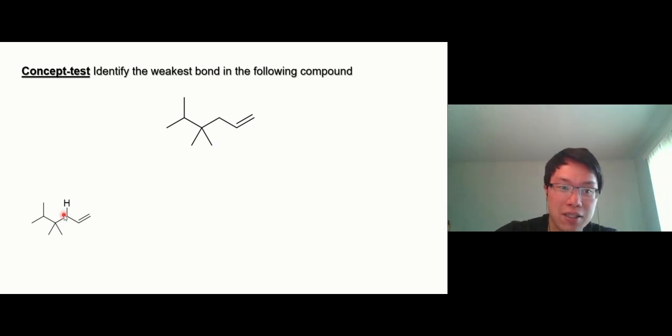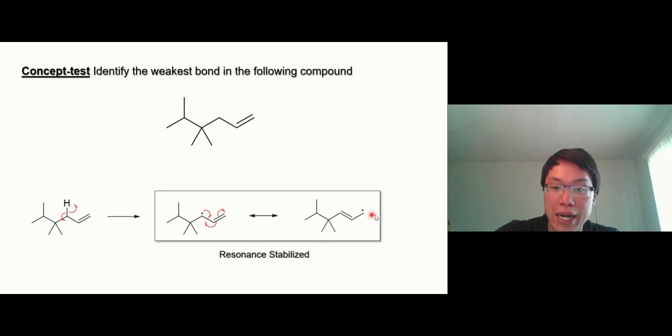This is the allylic position. If you put a radical right there, you're going to have a resonance. I'll take a look real quick. So you can have a resonance structure there, like that. So this is a resonance stabilized radical. This CH bond is easy to break, easier than the vinylic CH bond down right here, just a methyl group right down here, or even tertiary. Okay, this guy is the best one, if you see the resonance.